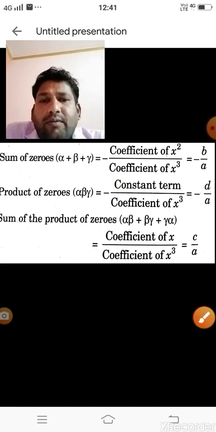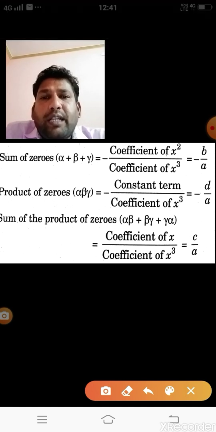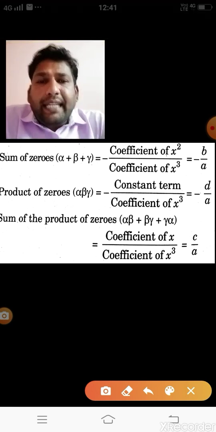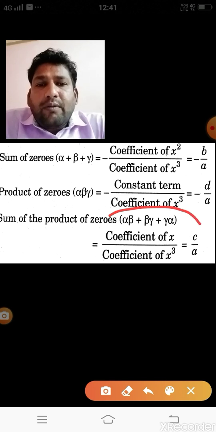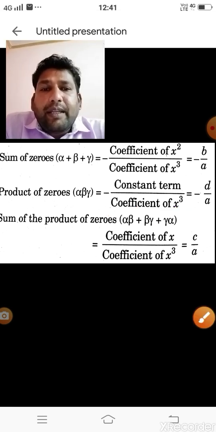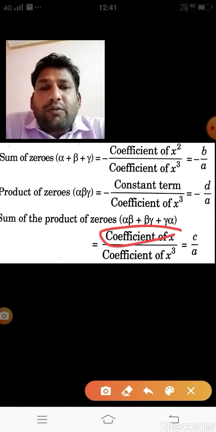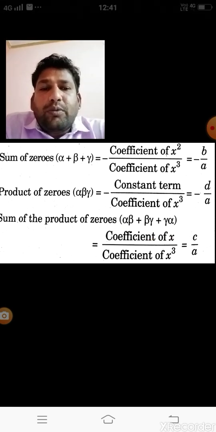Now the third one we are getting here, the sum of products of zeros taken two at a time: we take the products of the zeros and add those three values, alpha beta plus beta gamma plus gamma alpha, and this value is equal to c upon a, the coefficient of x upon the coefficient of x cube.